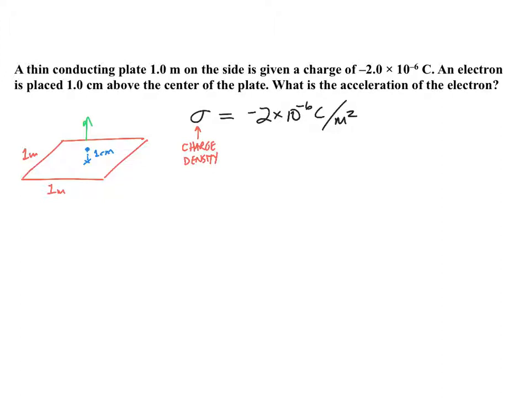All right, easy peasy to figure out the charge density. If it wasn't a square meter, we'd have to divide it by its actual area in meters, and then we would have some other charge density than -2. But this one was picked for this reason. We could just easily make our charge density.